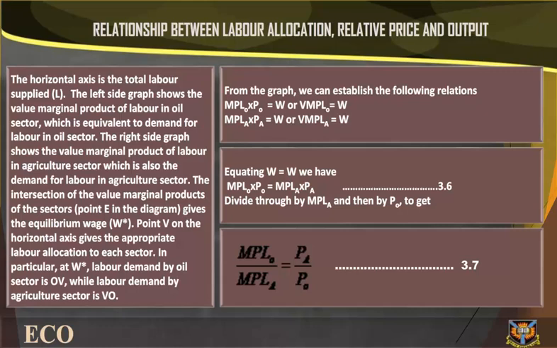From the graph, we can establish the following relations. Equating W equal to W, we divide through by MPLA and then by P0 to get the following.